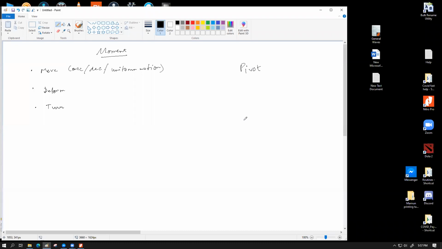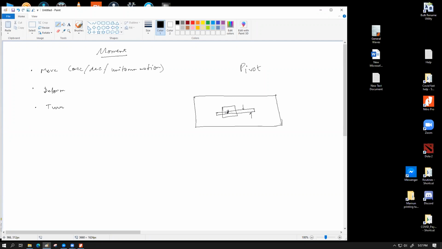Let me elaborate what I mean. Let's say this is a rod. I'm showing you a top view. Let's say this is a table. On the table there is a block of wood. On the block of wood there is a screw, and let's say on that screw we have a hinged meter rule somewhere, not at the middle, in any location, in such a way that if I apply some force in this direction or apply some force in this direction, this meter rule can rotate about this point.